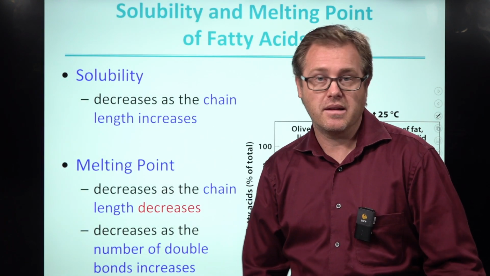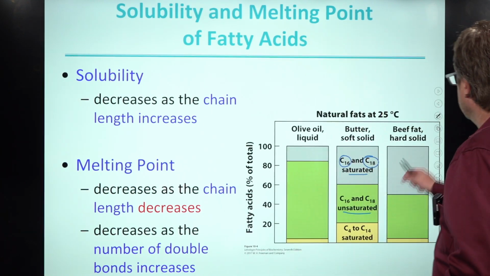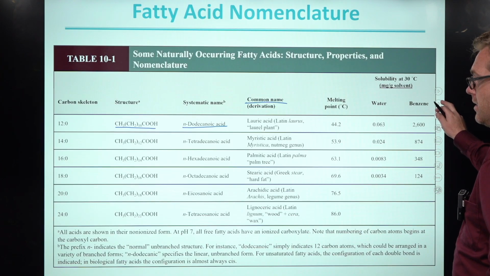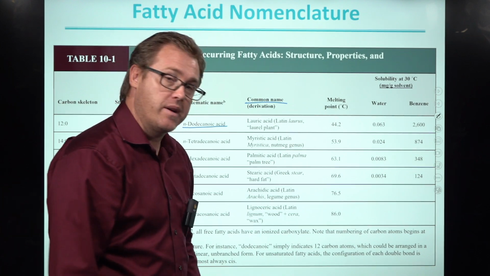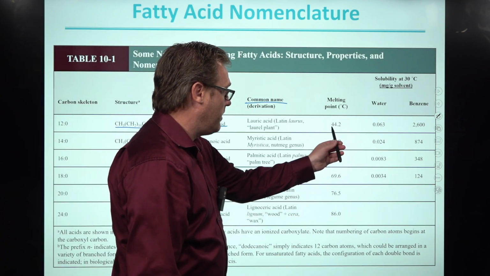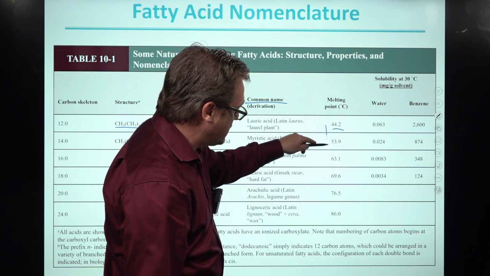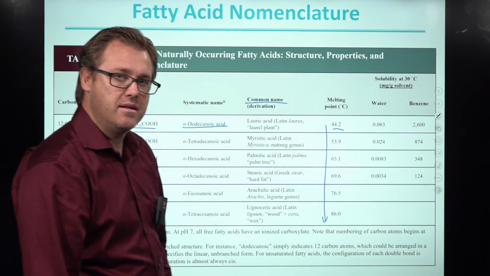So let's highlight these differences when we take a look at the tables. When you look at this table right here, let's focus on the melting point. You can see we go from 42 degrees and it's just increasing from 42 to 86.